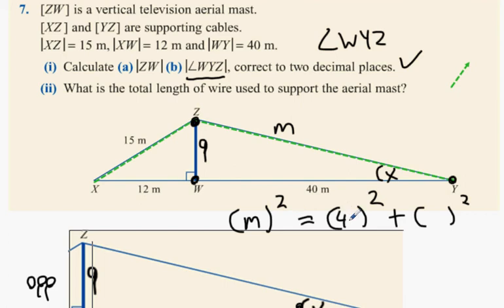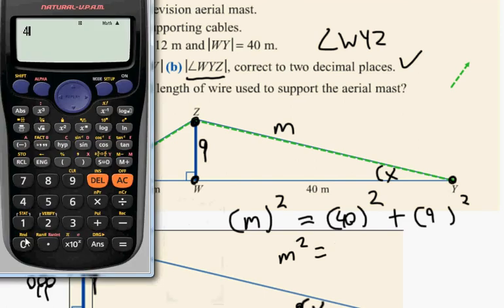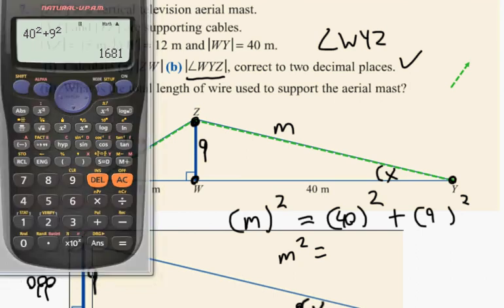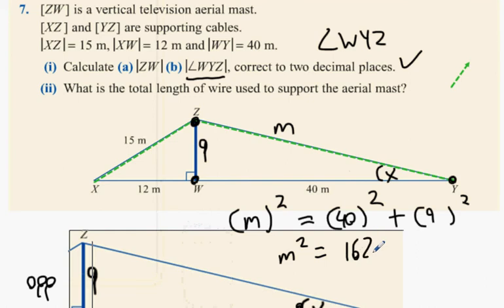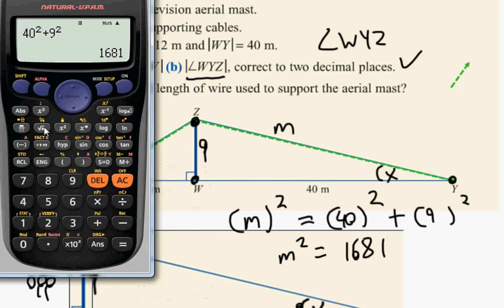M squared equals 40 squared plus 9 squared. 40 squared plus 9 squared, and what do you get? 1681. What number, when you multiply it by itself, gives you 1681? What button will do that?